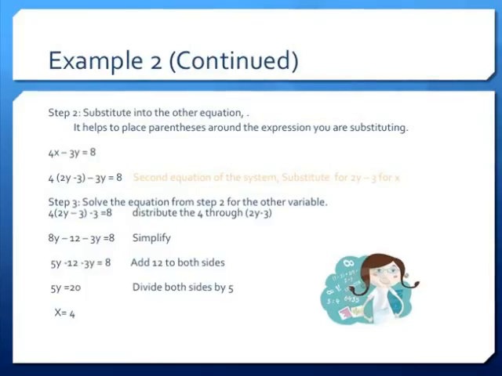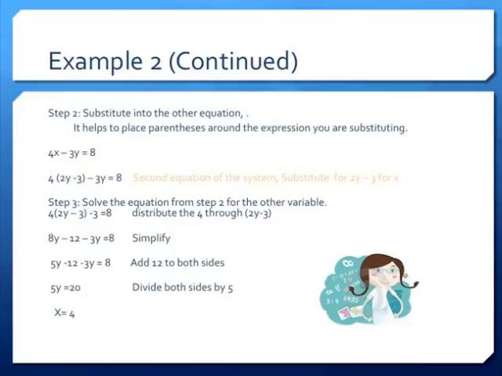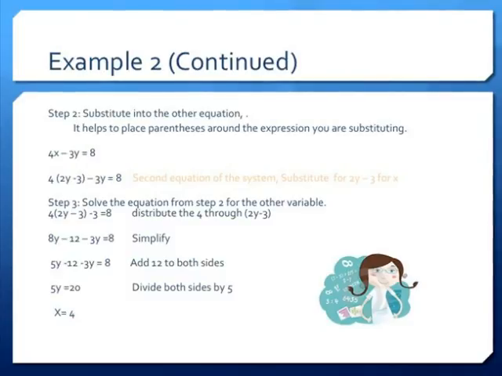We're going to solve the equation from step 2 for the other variable. To do this, we need to distribute the 4 through the quantity of 2y minus 3. And in doing that, we get 8y minus 12 minus 3y equals 8. Now, to simplify further, we need to combine like terms.